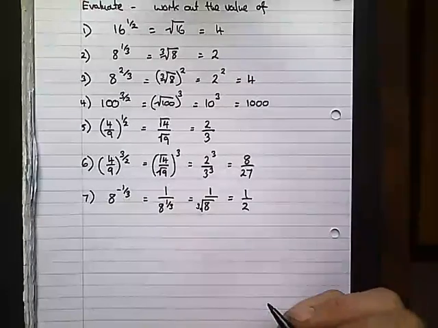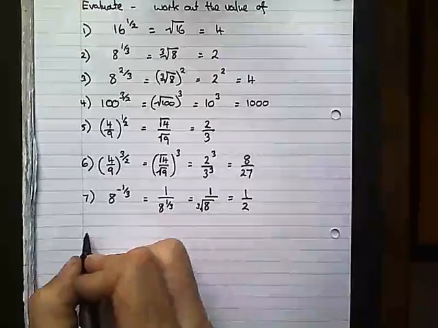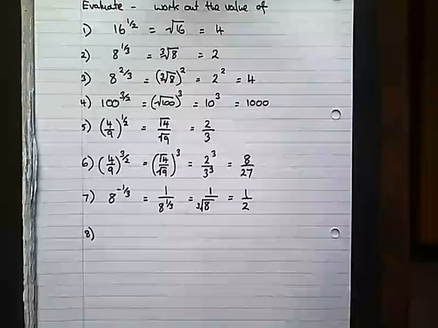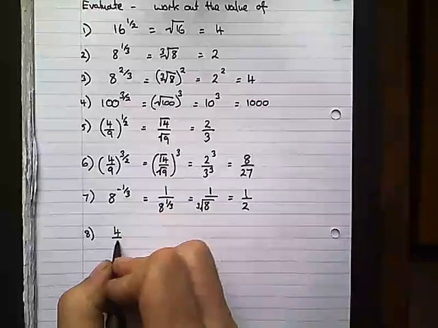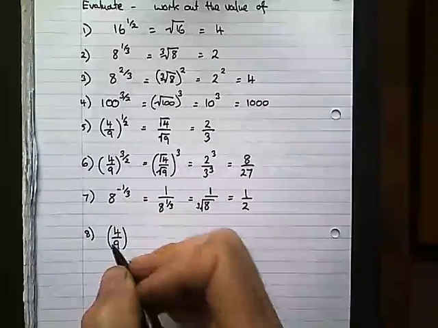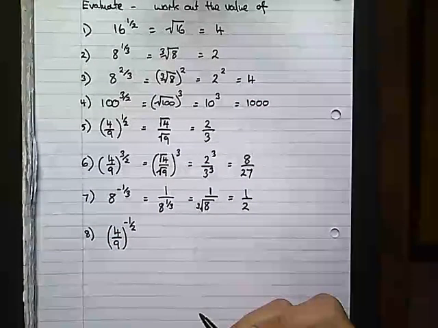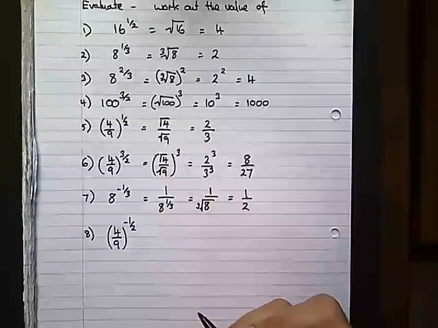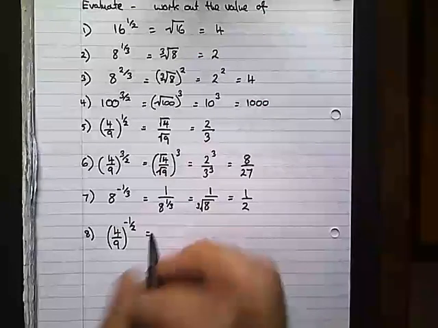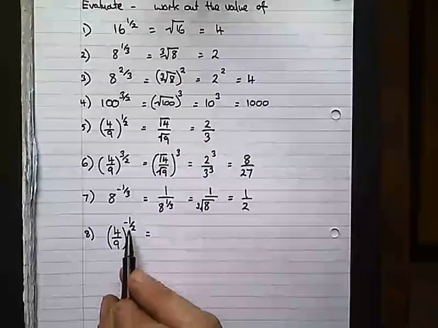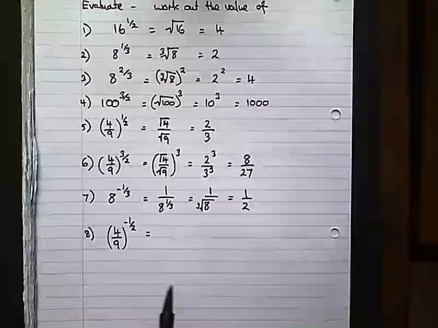Right, last example, and this is one we'll see quite often as we get closer and closer to our GCSEs, is 4 over 9, where we have a fraction, and then we raise it to a negative power, okay? A negative fractional power. So there's a little trick. When you get given a fraction and you're raising it to a negative power, you flip the fraction.